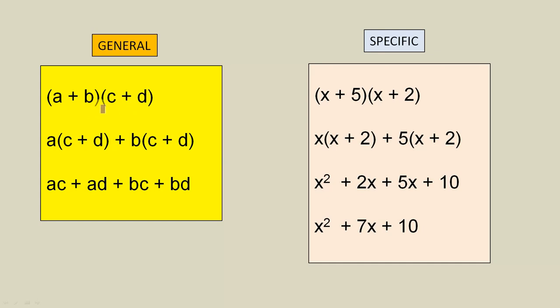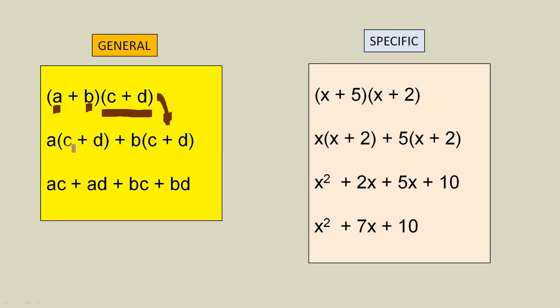To expand this, we write a outside of c plus d. And then we write b outside of c plus d. And that plus sign goes there. So that's how we expand that binomial product in the first instance.